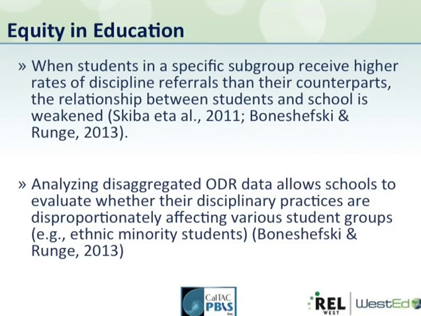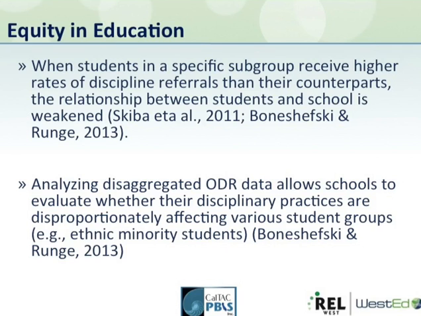So we want to make sure that we're taking a look at all the different ethnicities within our schools. Part of this is because we know that the relationship between the student and school is really critical for success. As students are removed from the classroom at higher rates than their peers, then that relationship between the student and the school is significantly weakened, and that study is up there for you, and it is across all grade levels.